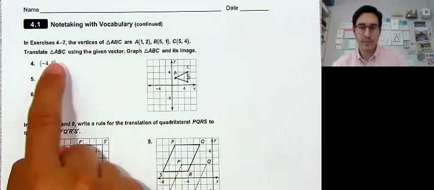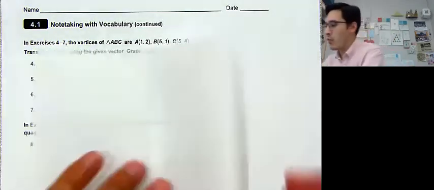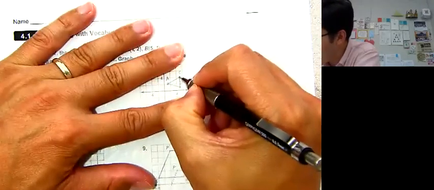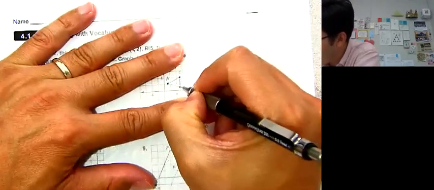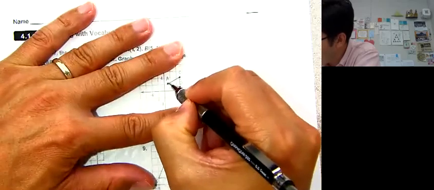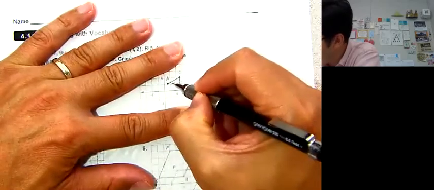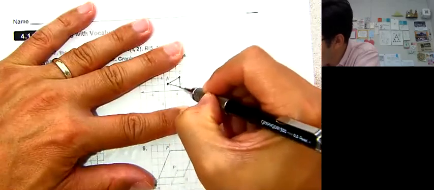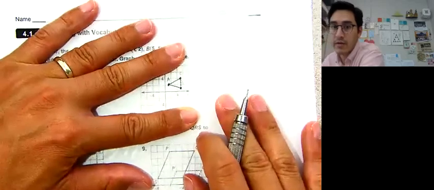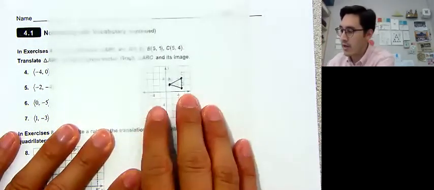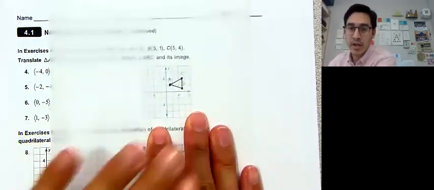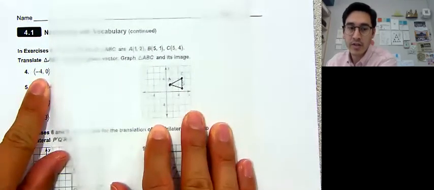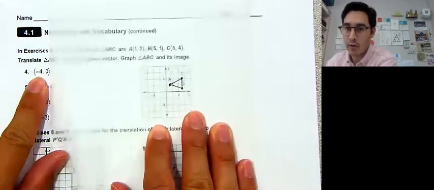All right. So one way that we can do this is I'm going to use what is called patty paper to trace my pre-image. Hopefully this shows up okay on video. And so starting in its original position, let's perform this translation. We're going to go -4 in the horizontal direction.